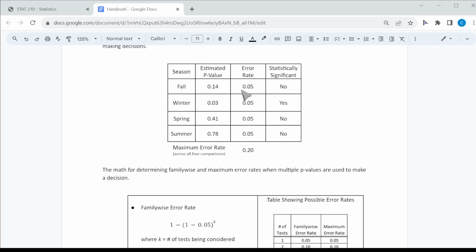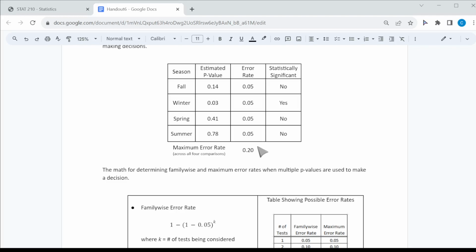That is not less than 0.05, so it's not statistically significant. But if I use 0.05 on every single season, my family-wise error rate could be as high as 20% because I'm using 0.05 on all 4 categories.